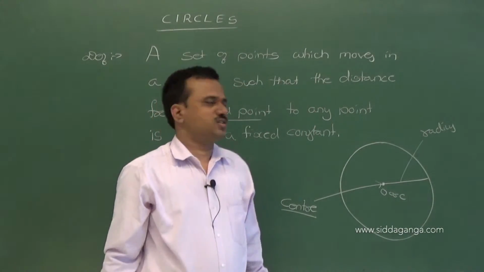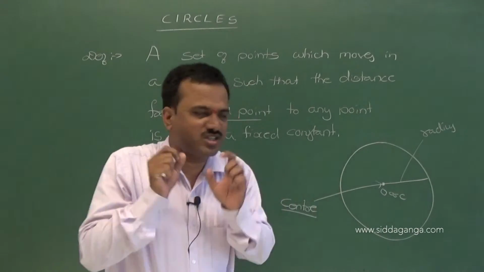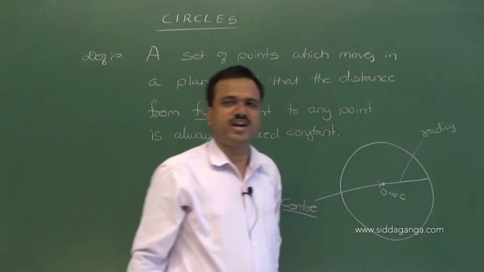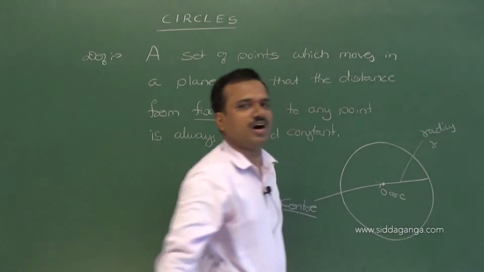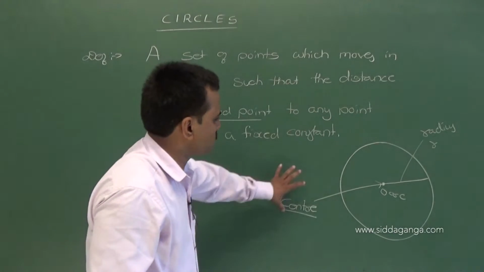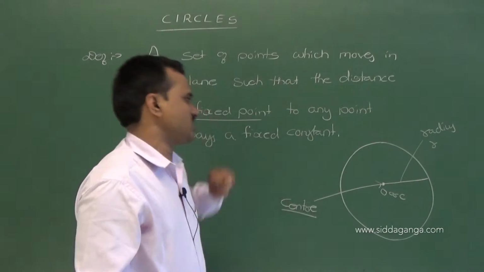Fixed distance in a circle is called the radius, which we denote by small letter r. This is the definition of the circle.